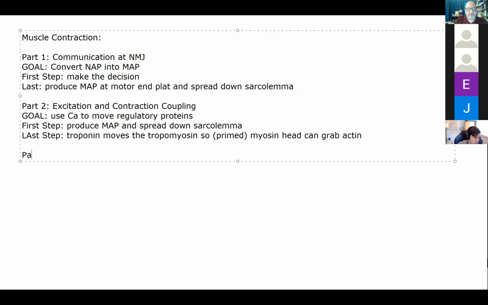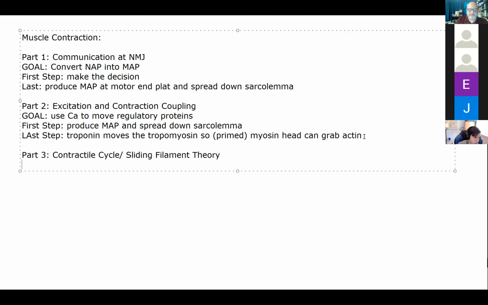That brings us to part 3. And of course, what is part 3 called? Contractile cycle. Or like we also said, the sliding filament theory. Excellent. And our goal here, what's the goal of the contractile cycle?